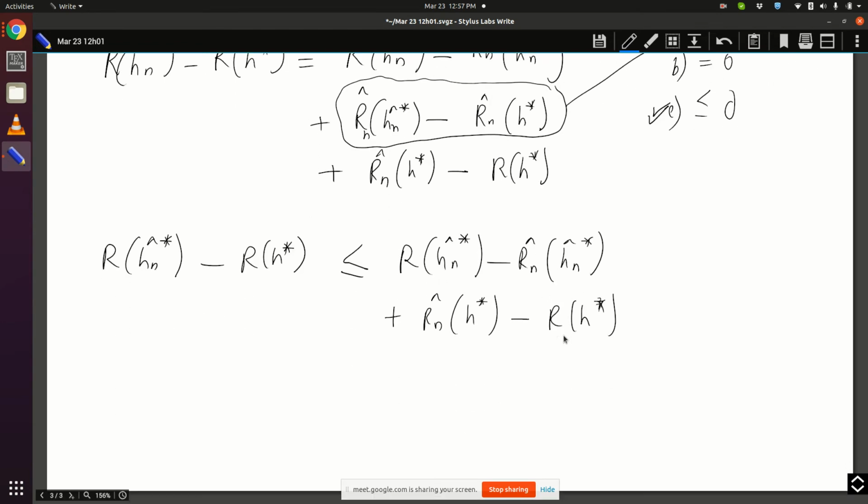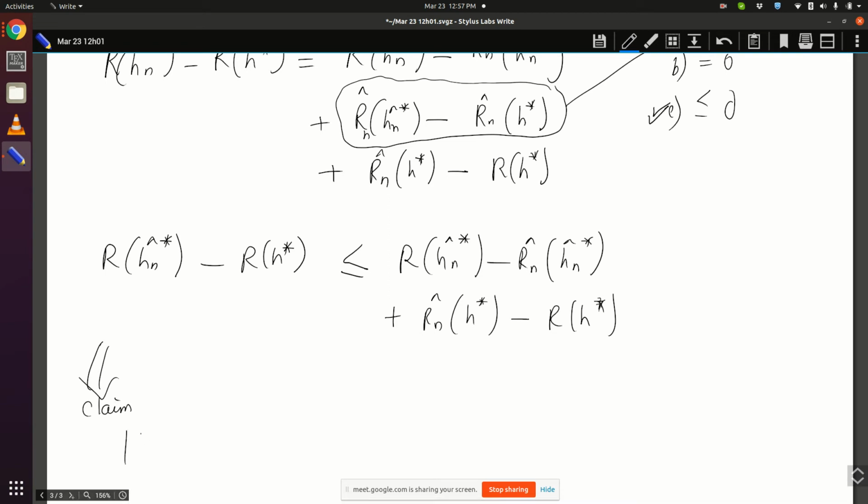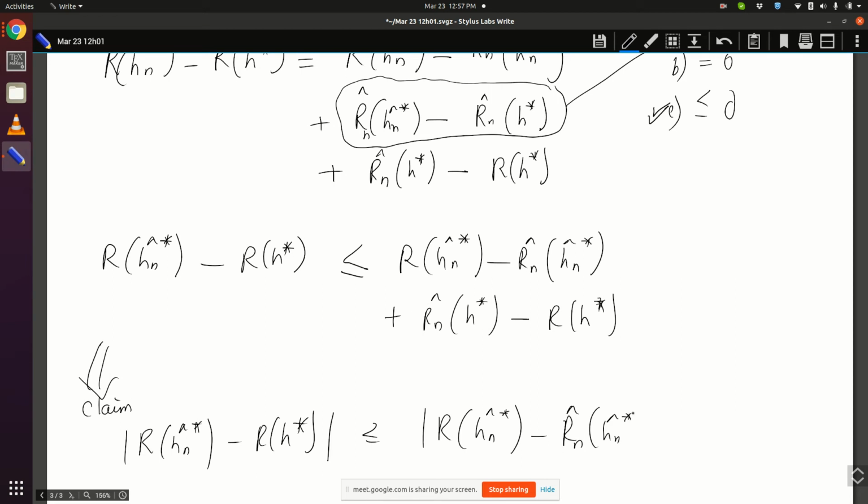So now my claim is, I'm going to put a modulus here, with a plus here.